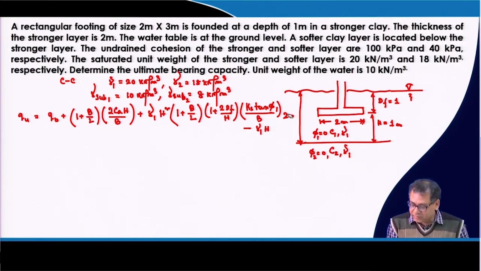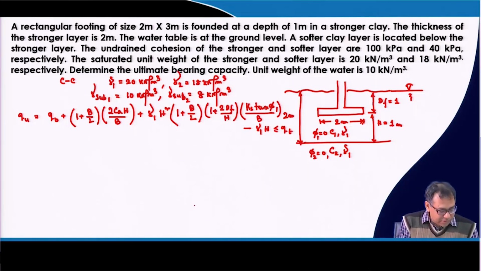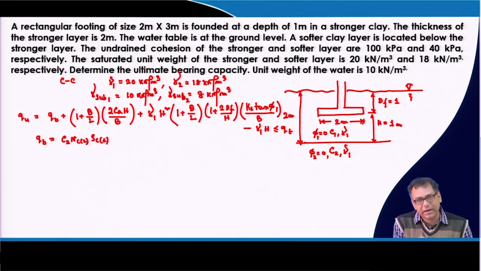Suppose this is the basic equation for this rectangular footing, and now we have to calculate the bearing capacity. So, now you know that this should not be greater than qt that we have mentioned. So, now qb will be the bearing capacity of the bottom layer, and the general expression is given: C2 Nc2 into Sc2, where Sc2 is for the rectangular footing.